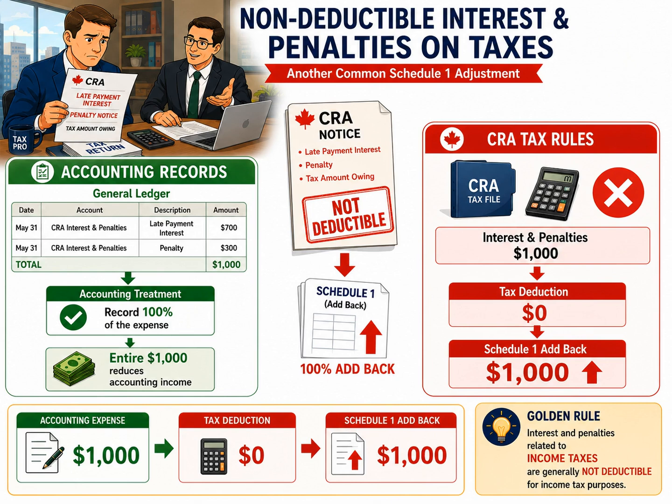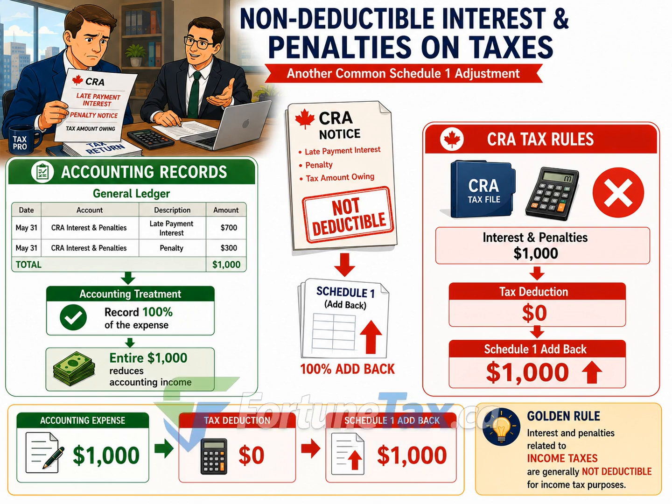A simple way to remember this rule is to separate accounting from tax. The accounting records recognize the expense because the corporation actually incurred the cost. The tax rules, however, deny the deduction because the expense relates to income taxes rather than earning business income.